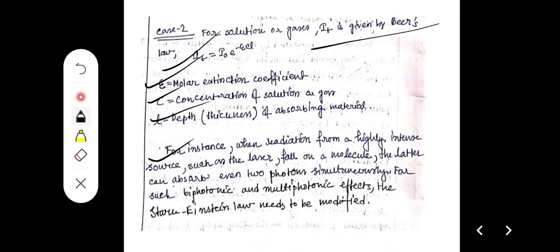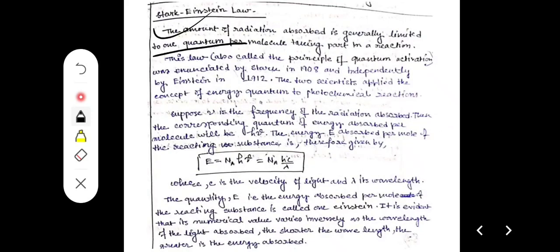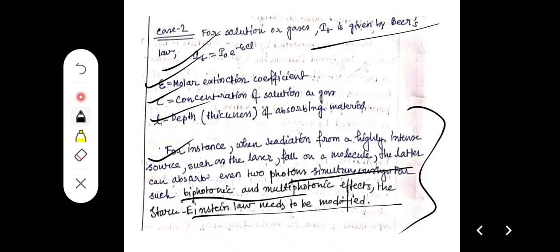So this is the modification, because 2 photons, 3 photons, biphotonic or multiphotonic absorption can occur with lesser radiation. But the Stark-Einstein law is concerned with 1 molecule absorbing only 1 photon. So that's why the Stark-Einstein law is said to be modified.